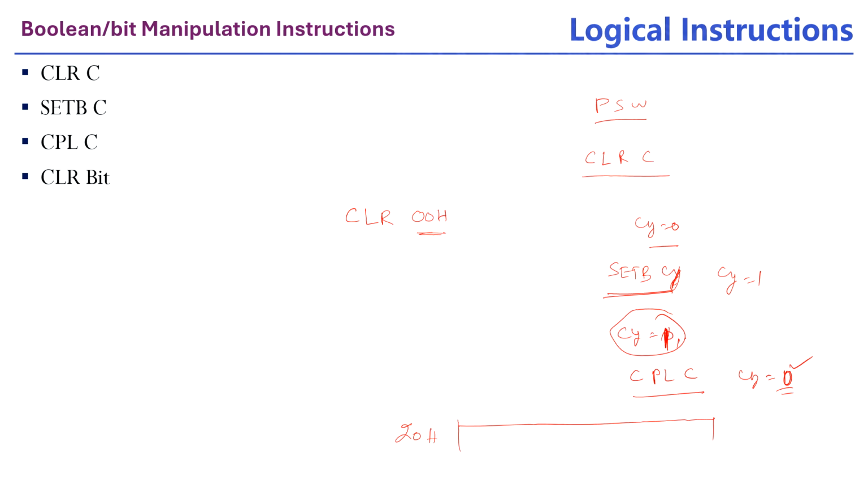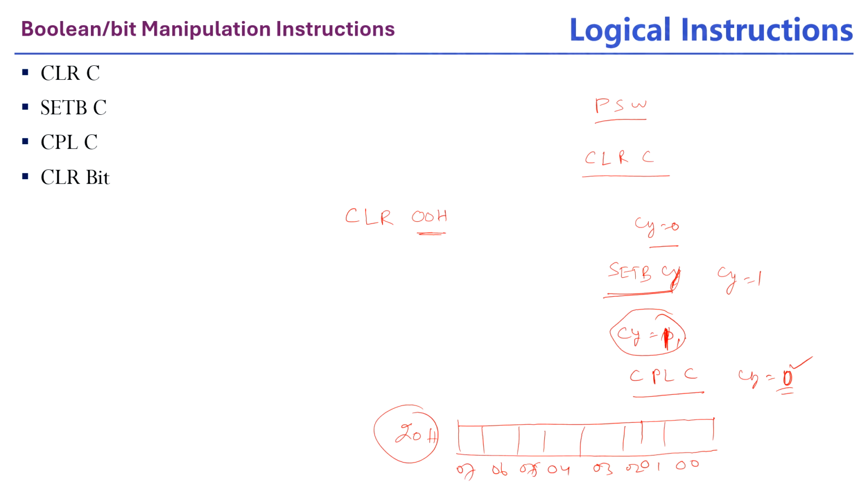This 20H has 8 bits, and the addresses of these bits are 00, 01, 02, 03, 04, 05, 06 and 07. The 20H location is the byte address, but individual bits also have their own addresses.